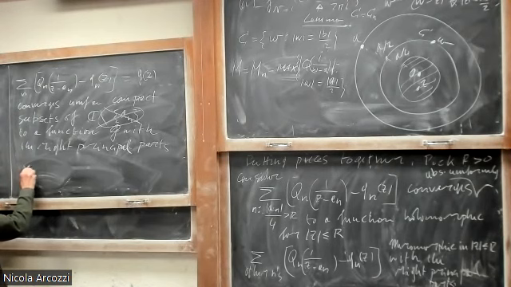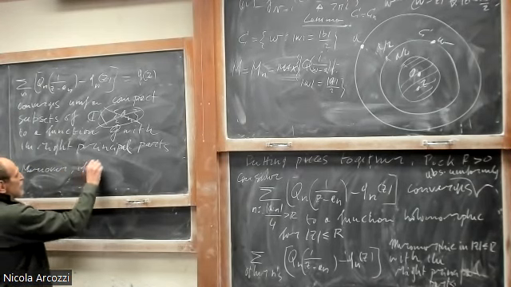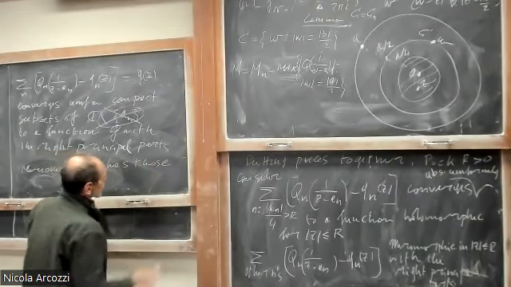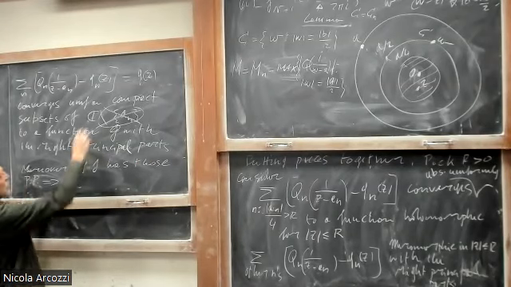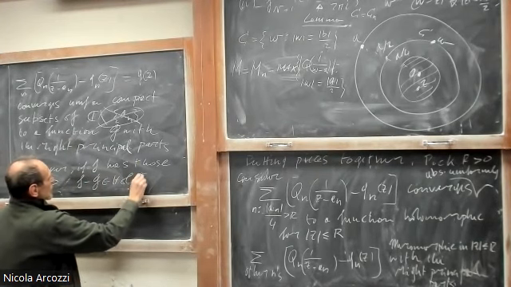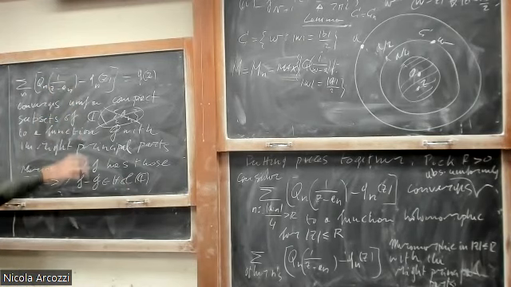And moreover, it has those principal parts. Then F minus G is globally holomorphic, so I can get plus H of z holomorphic.